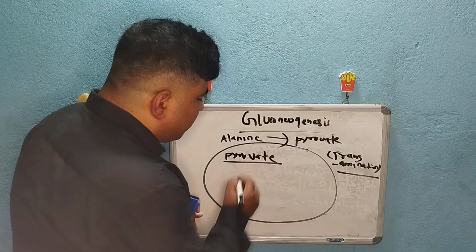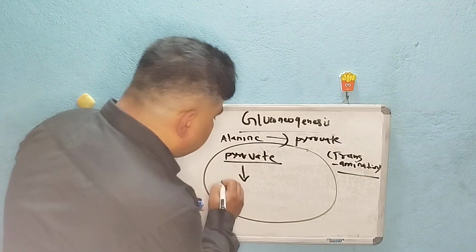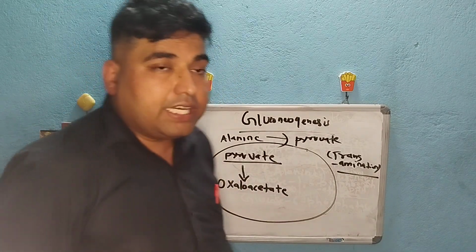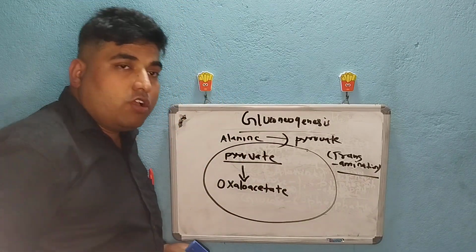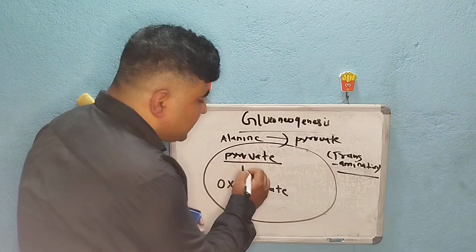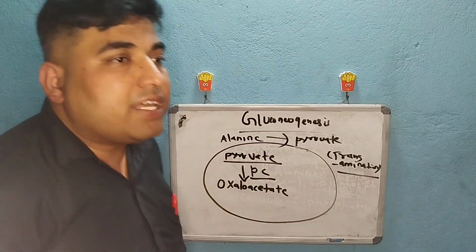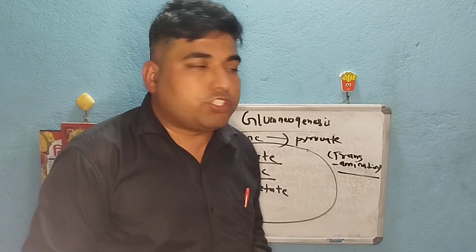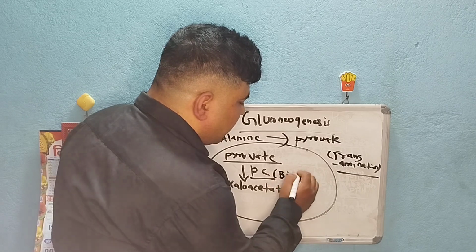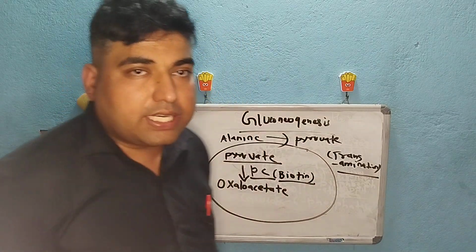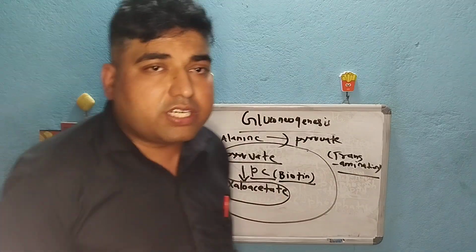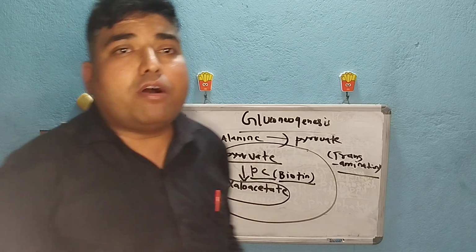First the pyruvate is converted into oxaloacetate, and the enzyme for this conversion is pyruvate carboxylase, which requires the vitamin biotin as a coenzyme. Next, this oxaloacetate is impermeable to the mitochondrial membrane.